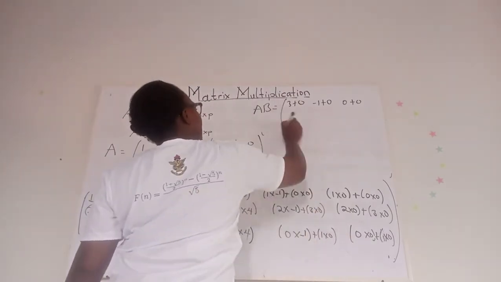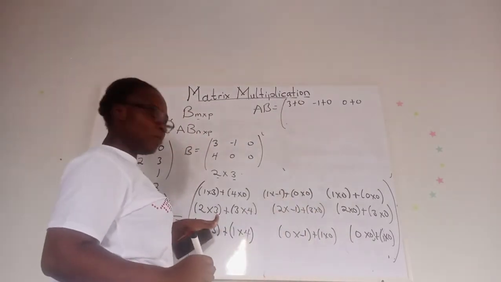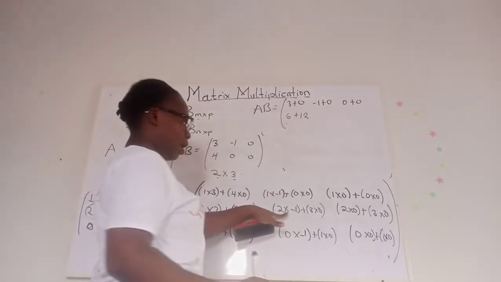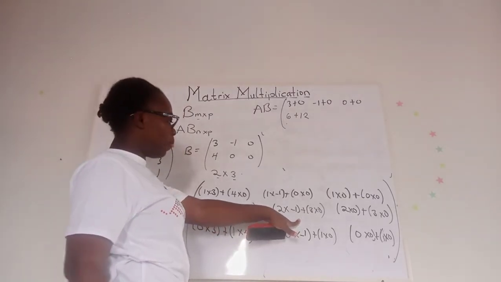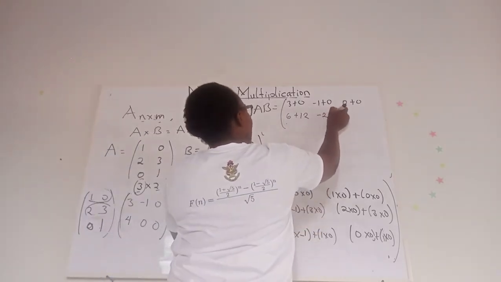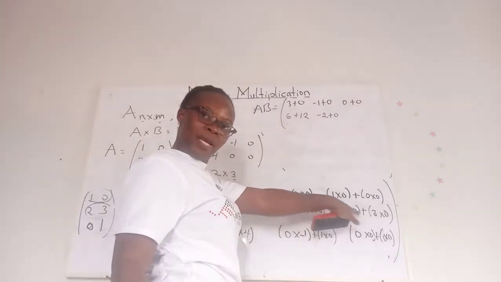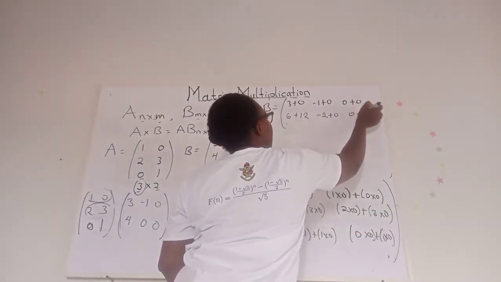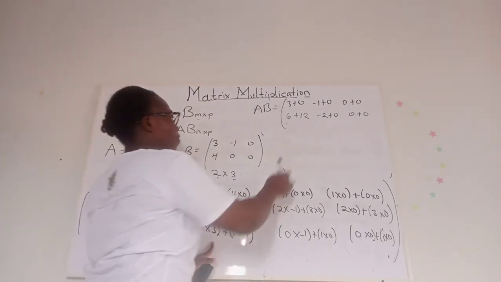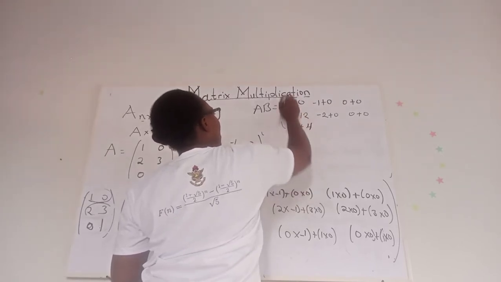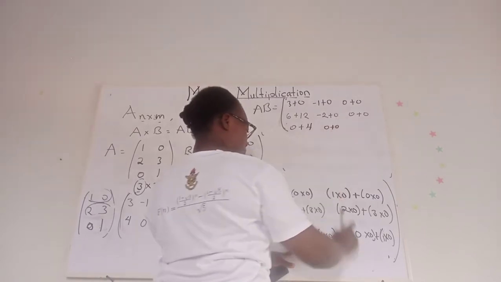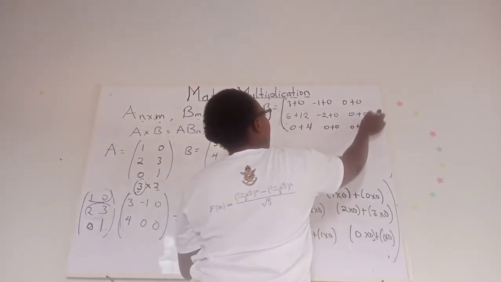Then the second row: 2 times 3 is 6 plus 4 times 3 is 12. Then 2 times minus 1 plus 3 times 0, so I have minus 2 plus 0. Then 0 plus 0. Then for the third row, I have 0 plus 4, 0 plus 0, 0 plus 0.